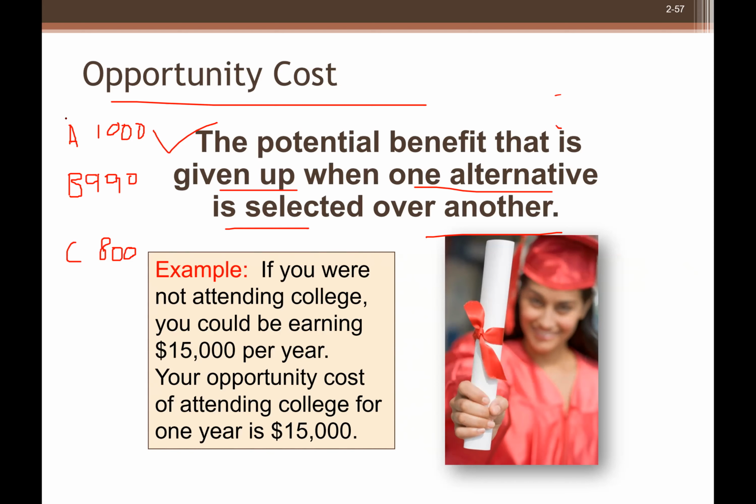We chose A, but what is the opportunity cost? A is zero. A is the alternative that we choose, right? The opportunity cost is what is given up. So we gave up B and C. So what is the opportunity cost? C. No. C. Wait.